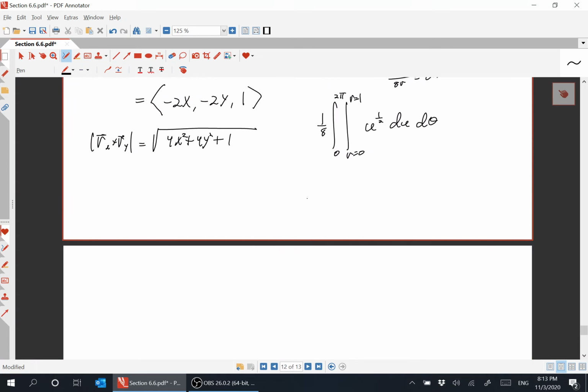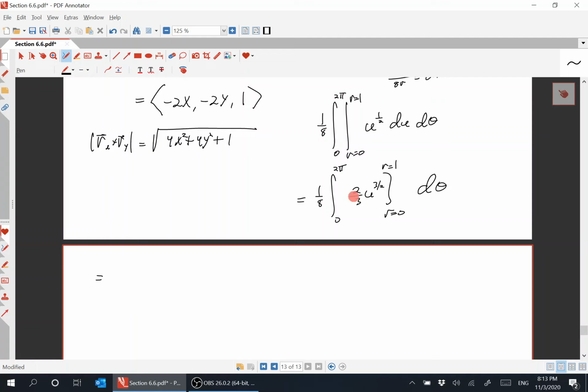Okay, so this is equal to 1/8, integral from 0 to 2 pi. So that's 2/3 u to the 3/2 from r equals 0 to r equals 1, and then d theta.